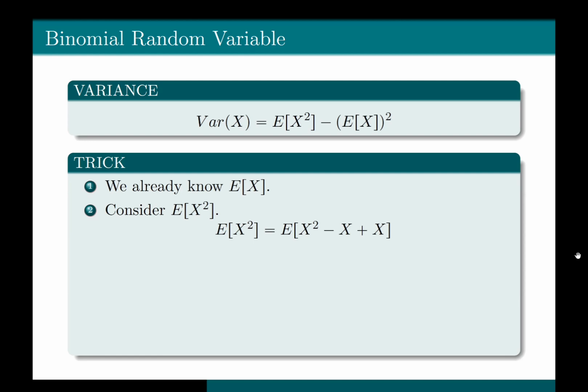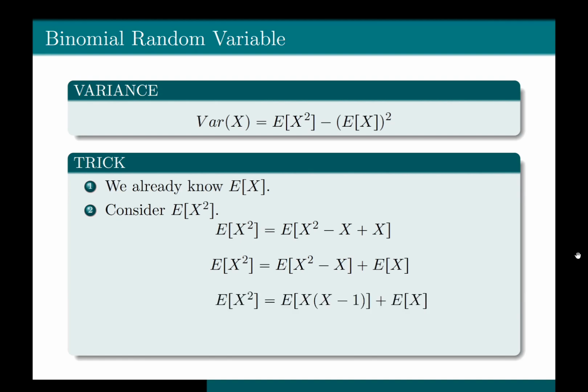So we will have expectation of X square minus X plus X. Now treat X square minus X as one random variable and X as another random variable. And then if you use the property of linearity of expectation, you will get that this is equal to expectation of X square minus X plus expectation of X. Now, this X square minus X, if you factor out X from here, you will get expectation of X times (X minus 1).